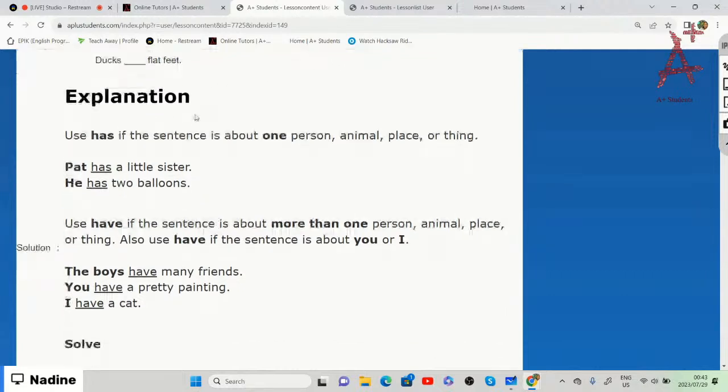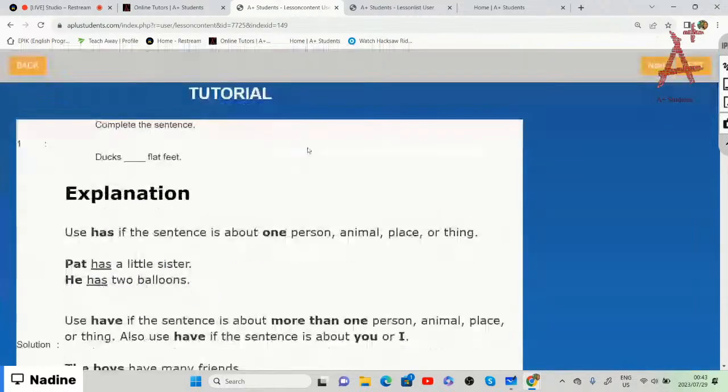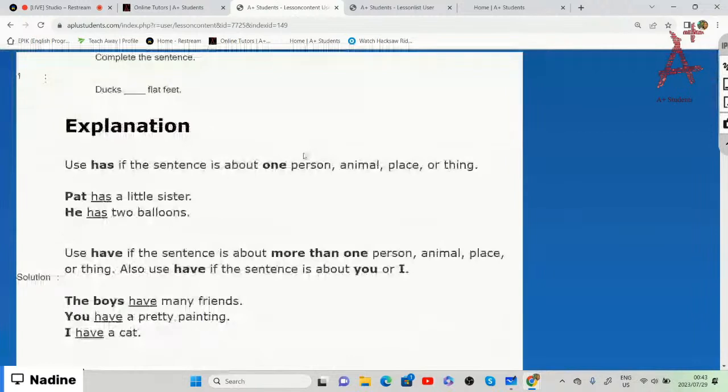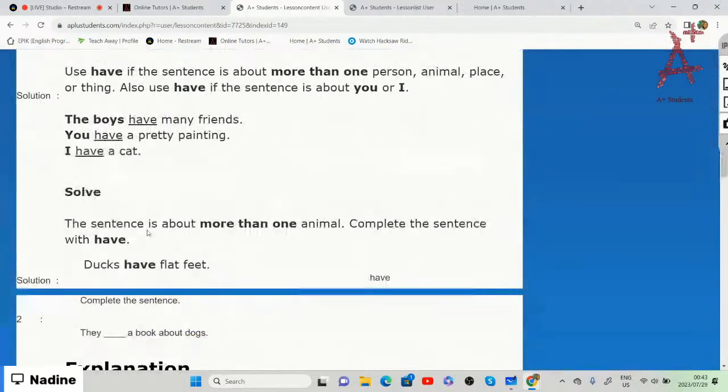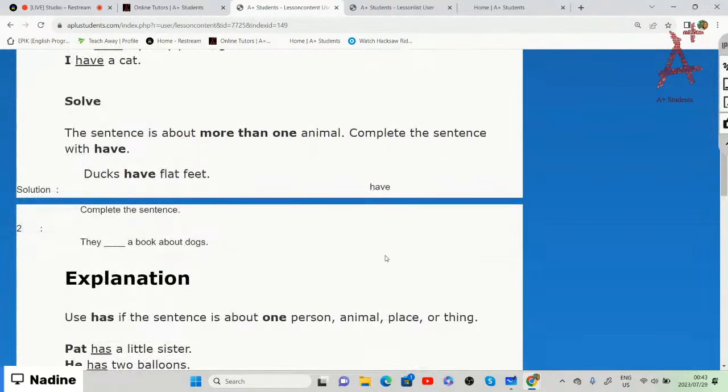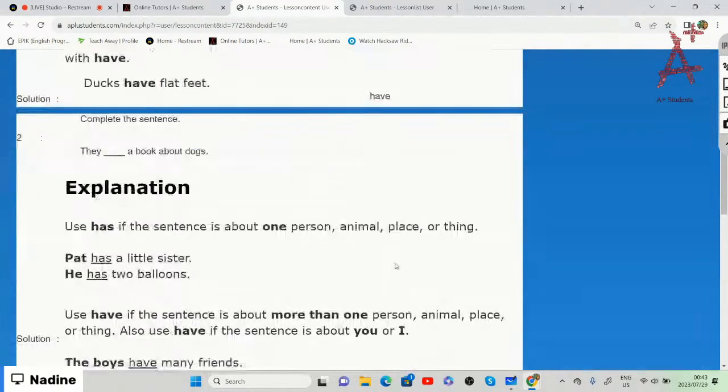All right, so we are basically using words like has or have within this lesson. So ducks: do ducks has flat feet or ducks have? We're going to say ducks have flat feet. So have is the correct word. They: is it "have a book about dogs" or "they has a book about dogs"?